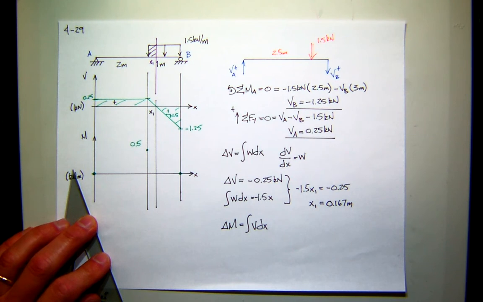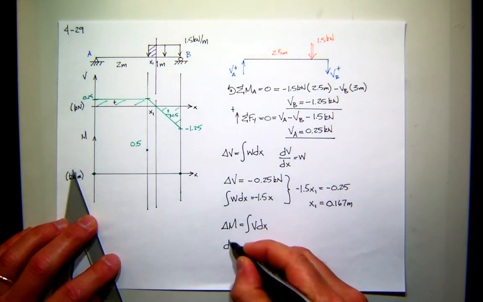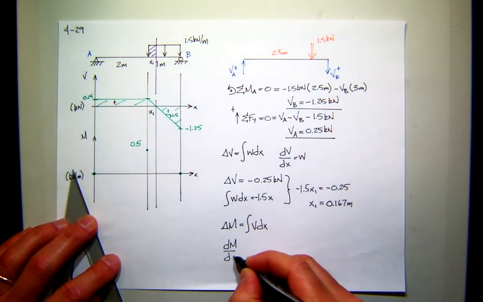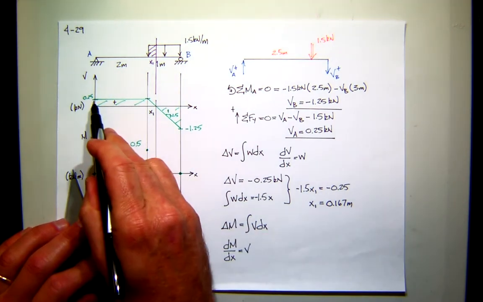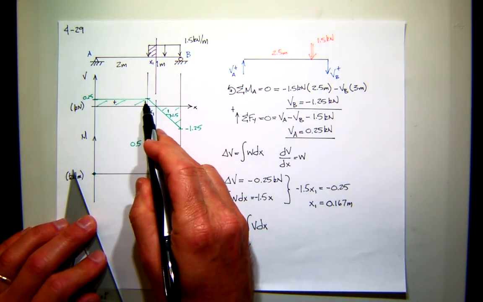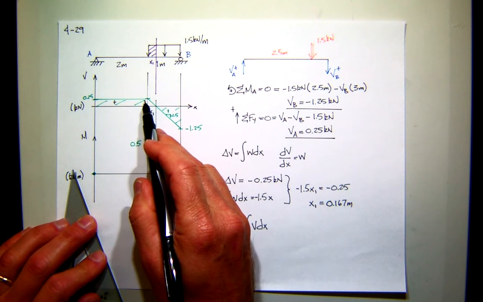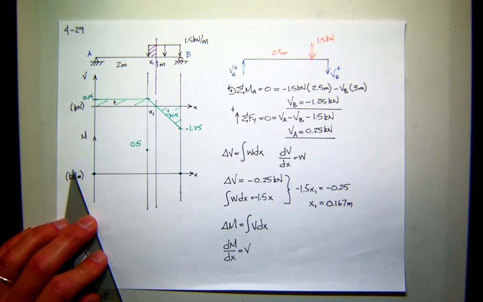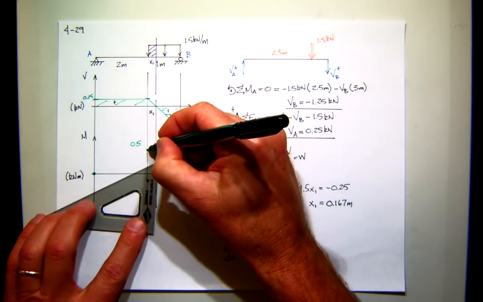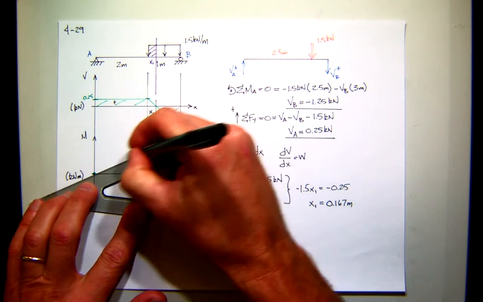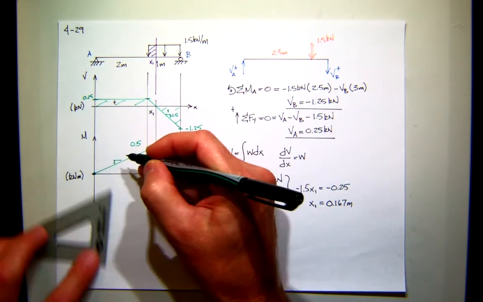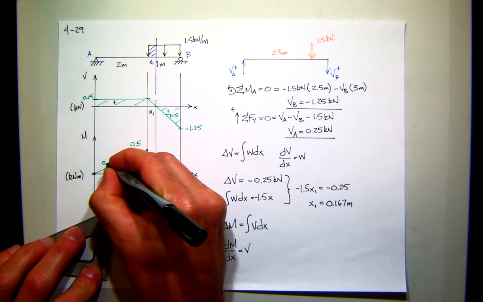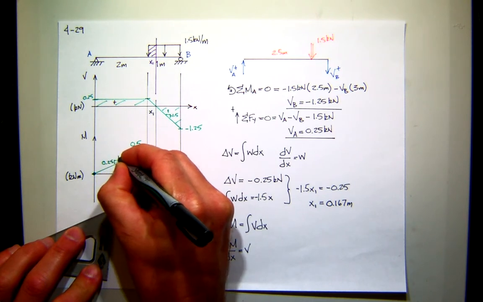I also know that the slope of the moment diagram is the shear. What's the value of the shear here? Constant and positive. So here's my constant positive slope. In fact, if you marked it, you should see 0.25 to 1 up.